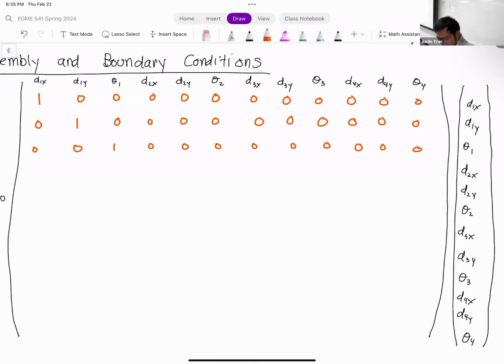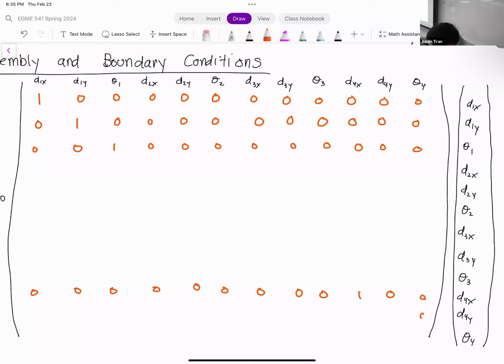Okay. Same thing for the last three rows because node 4 is also fixed. Okay. Let me go ahead and put that in. So 1. Much harder to see from down here. Oh, I'm sorry. The 1 should be on the third to last. That one.